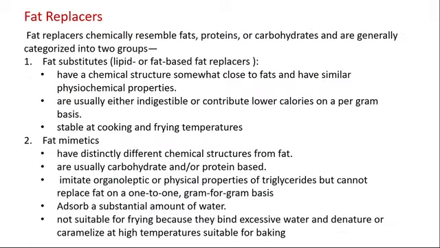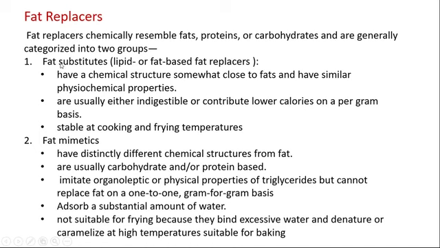Then you have a group of compounds known as fat replacers, because nowadays we are all in the habit of looking for low fat, low carbohydrate food. There are two types of fat replacers known. One is the fat substitutes, and the other is the fat mimetics.